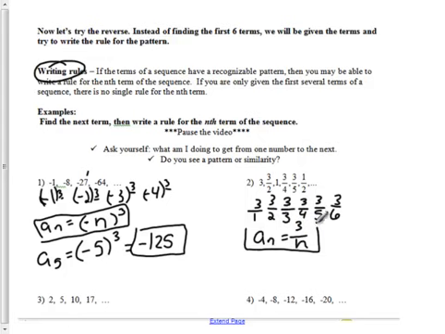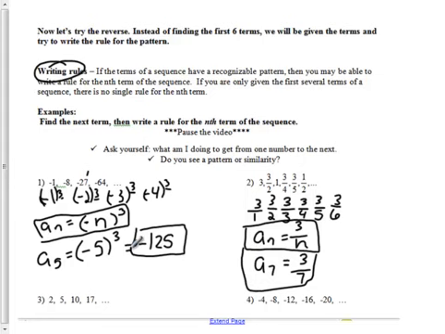Our rule would be a to the n equals 3 over n. So I found my first 6 terms. Now we are looking for the 7th term. So since a sub n, I have a sub 7, I'm just plugging 7 in for n. So I have 3 over 7, which would be the next term in our sequence.